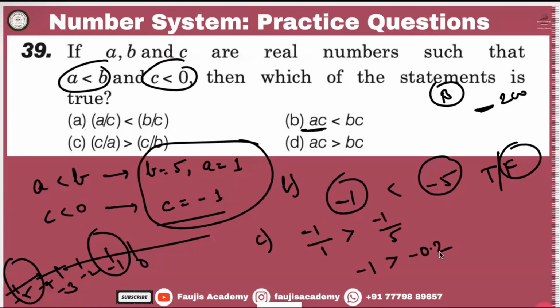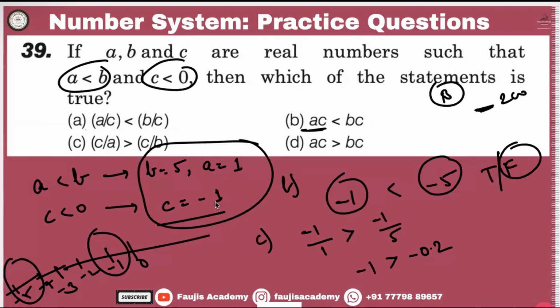Sir, I have one doubt. In option B, AC is asked, you calculate only A less than C. They ask A into C only, sir. In option B, you are saying? Yes, sir. A into C means 1 into -3.